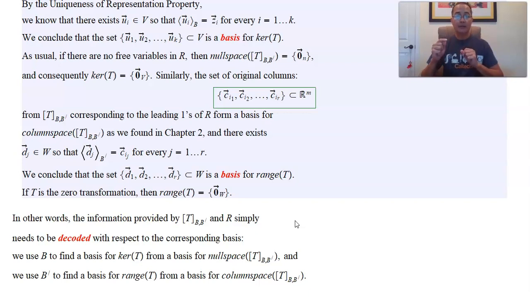Similarly, look for vectors from the codomain whose coordinates are the columns that you pick, and those vectors will be your basis for the range. So it's all really a matter of decoding with respect to your basis B for the kernel, or with respect to your basis B prime for the range.